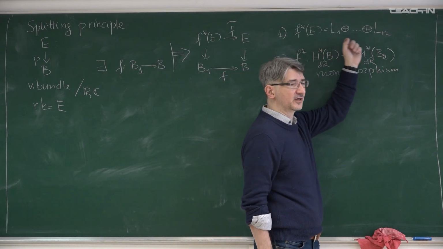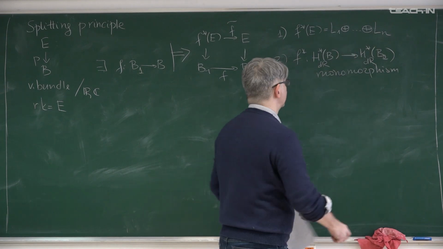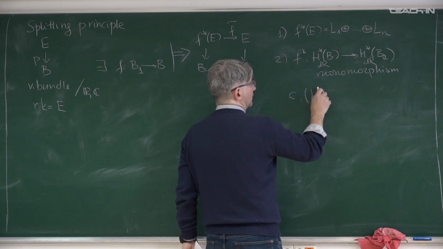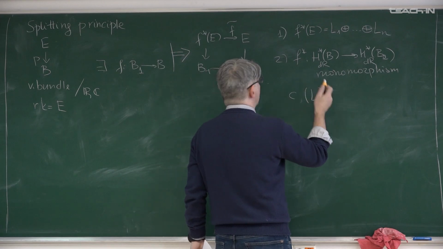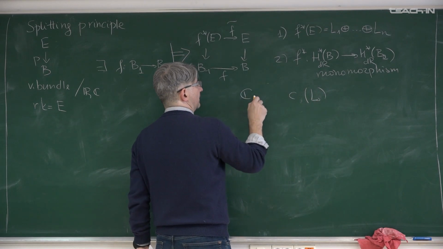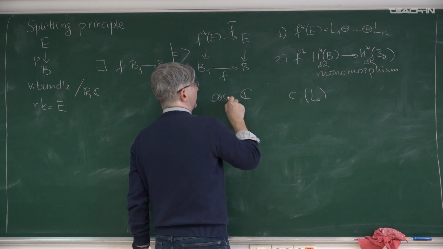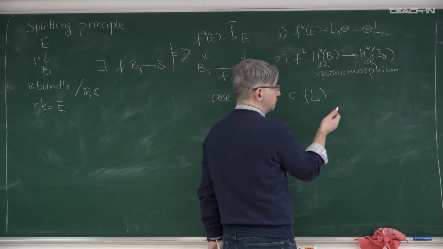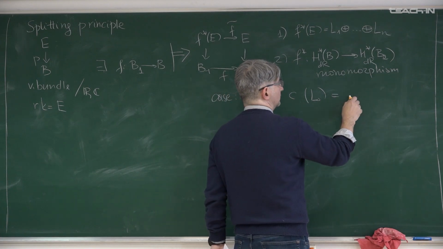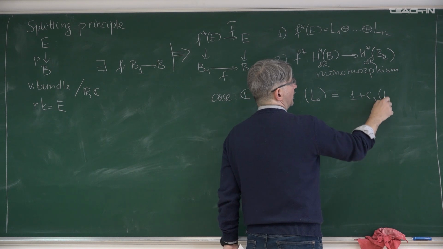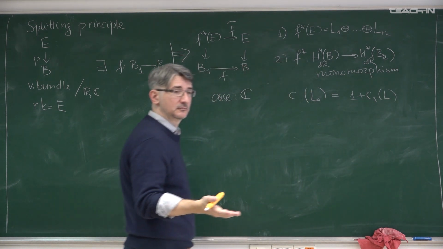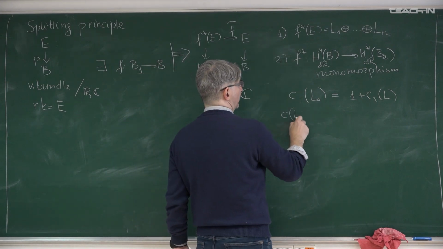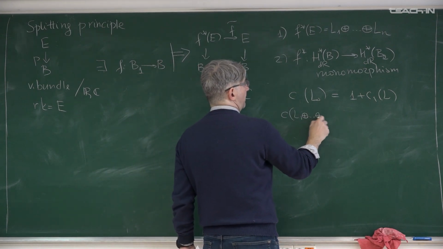And characteristic classes of line bundles, C1, so the total Chern class of L. If we speak about complex vector bundles, what is it? It's very simple. 1 plus c1 of L and nothing more. Then you speak about characteristic classes of L1 plus ... plus Ln.